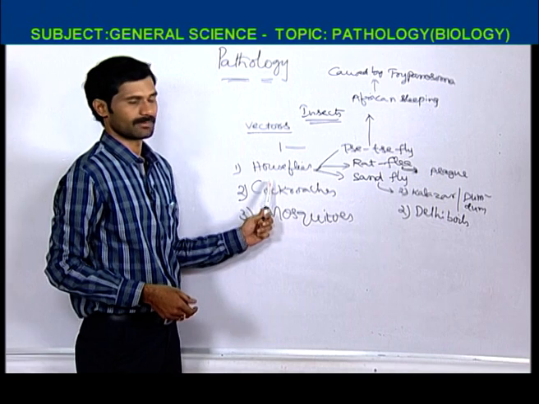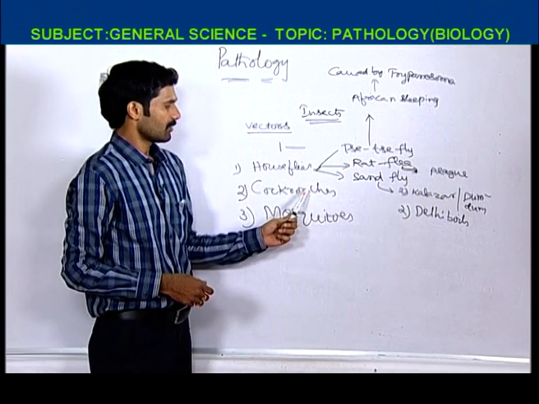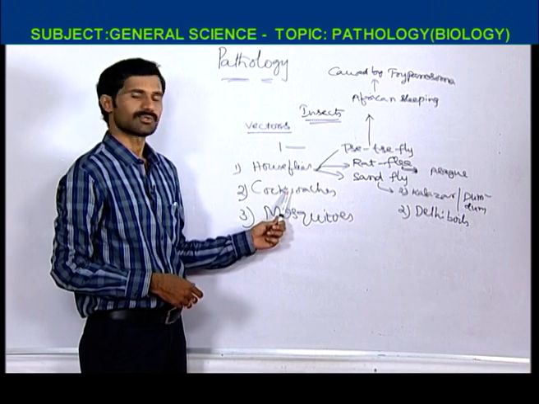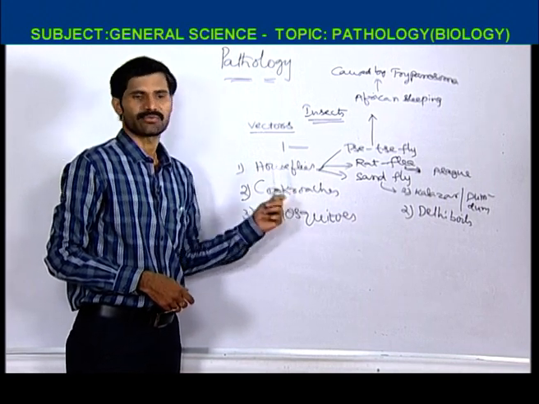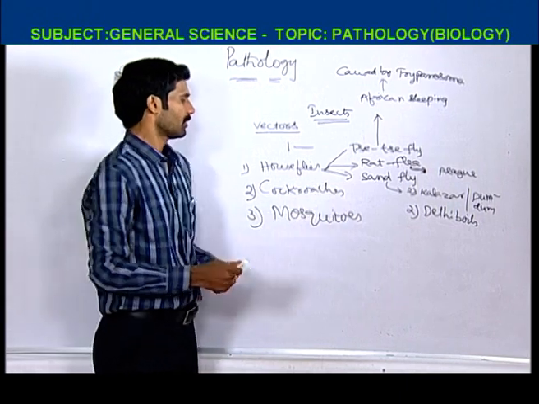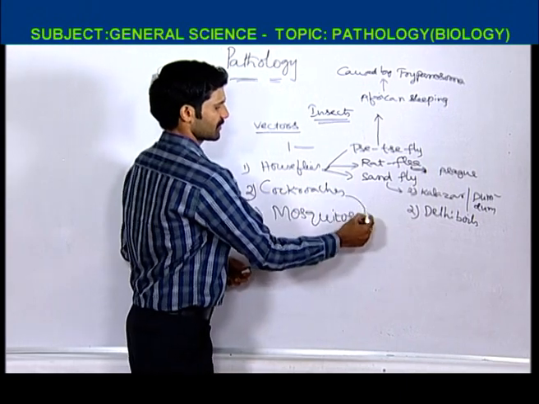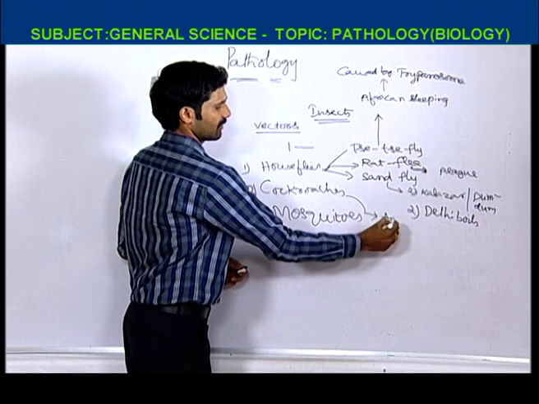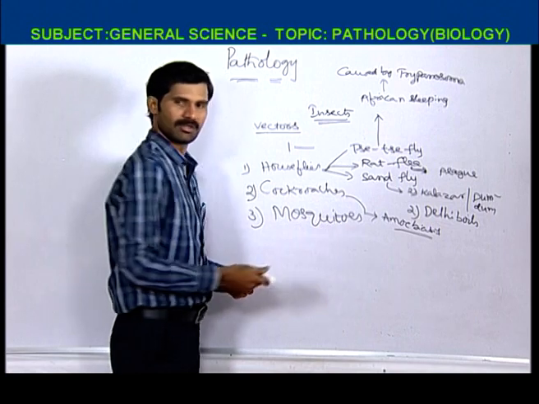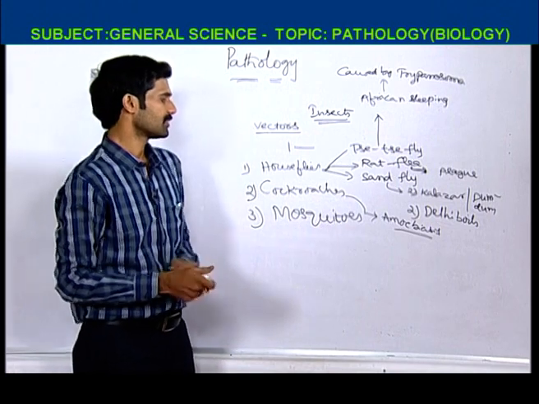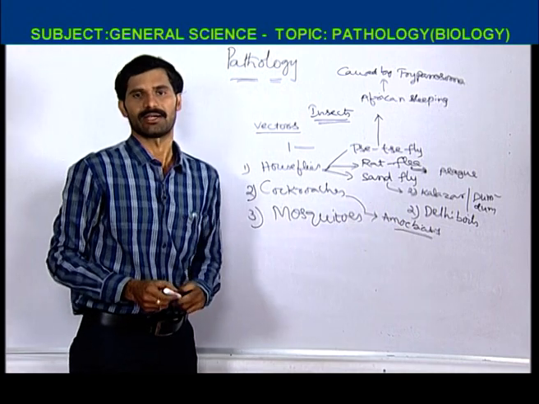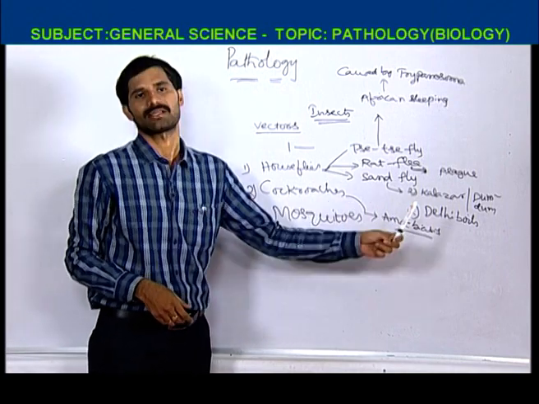And cockroaches are another type of insect belonging to phylum Arthropoda, and they act as vectors. Cockroaches spread mainly amoebiasis, a tropical disease caused by Entamoeba histolytica, a protozoan parasite.